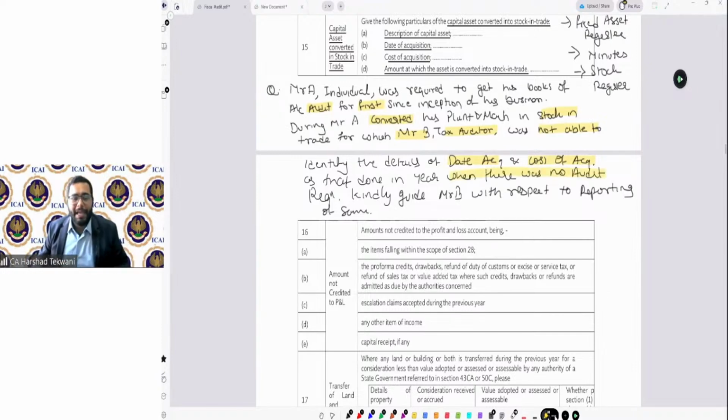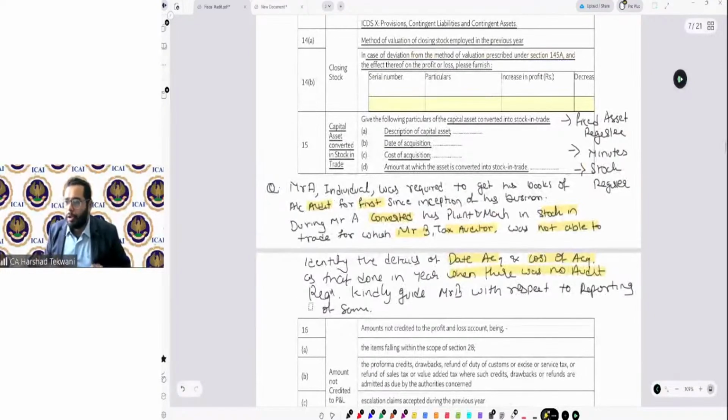How should Mr. B report this in clause 15? Let's say I have a transaction which I need to report, but partial details are not available, because that pertains to a year in which there was no audit or no books of accounts were maintained. What should the auditor do?